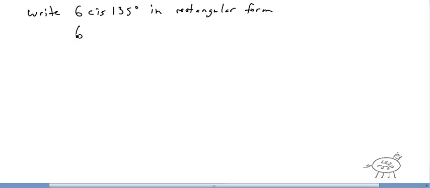Okay, so I'm going to expand it here because I think it's a good thing. Cosine 135 plus i sine of 135.